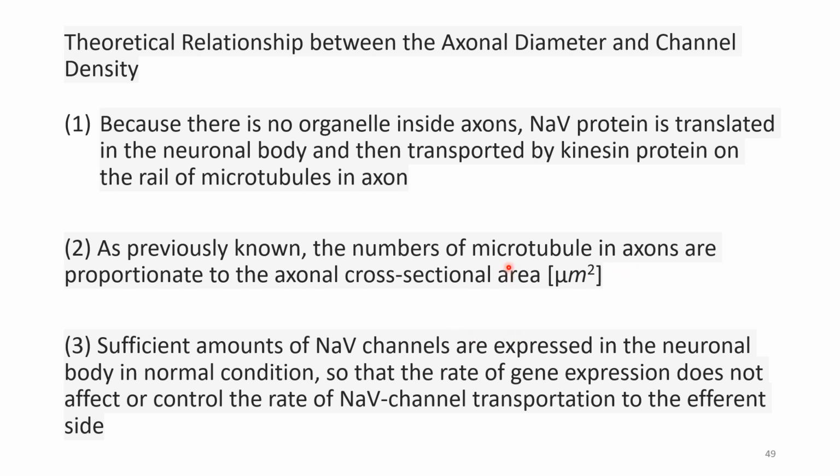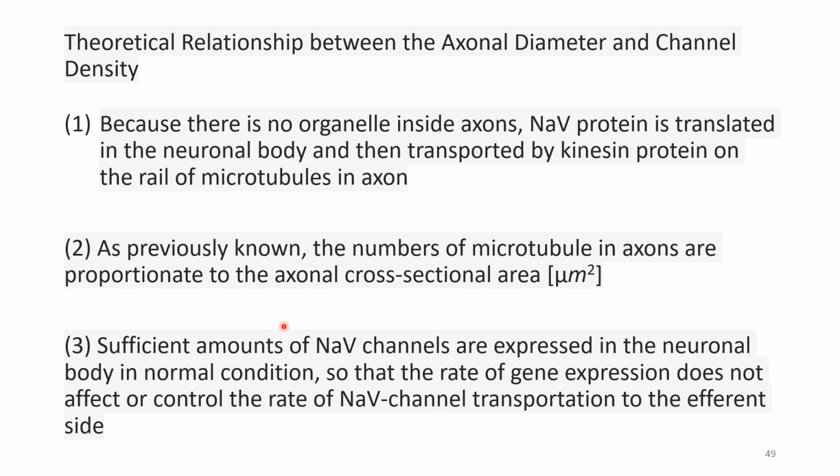So the number of microtubules in the axon is proportional to the axonal cross-sectional area. So sufficient amounts of voltage gated sodium channels are expressed in the neuronal body in normal condition, so that the rate of gene expression does not affect or control this channel transportation to the efferent side.